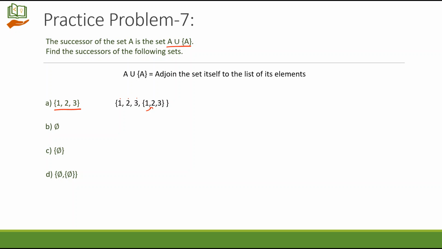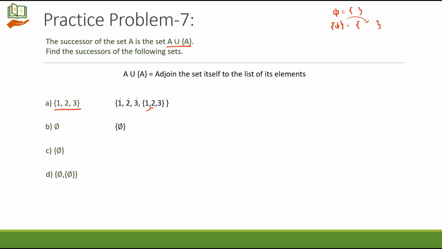Now what about null? We have to take null and insert it as an element into the set. What is null in general? Null means it's an empty set. If you insert null into an empty set, what will you get? You will get a set with an empty set. Now what about a set with the null set already? You have the set like this, and you have to insert the set itself.